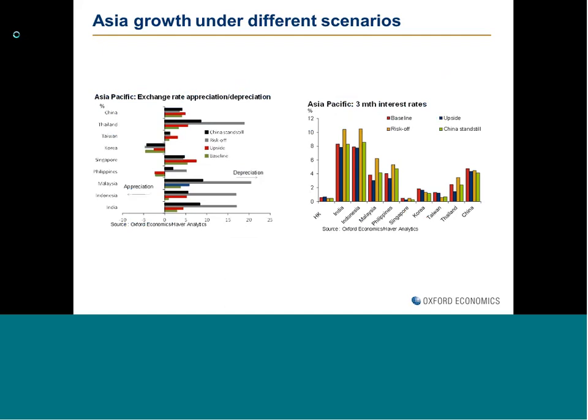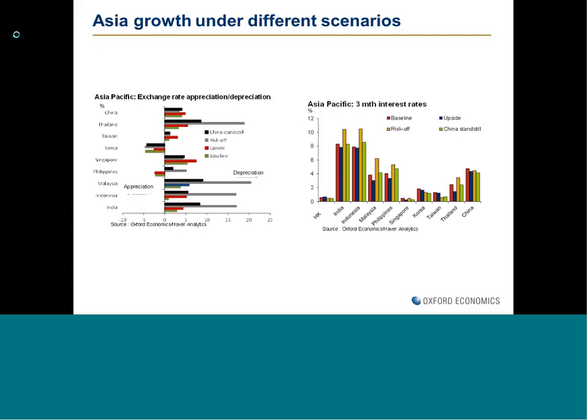Beyond the confidence impact and the trade channels, under the risk-off we'd see large capital outflows from emerging markets and Asia, and in countries such as India, Malaysia, Indonesia and Thailand, we could see their exchange rates depreciate by around 20% or just a little bit under.